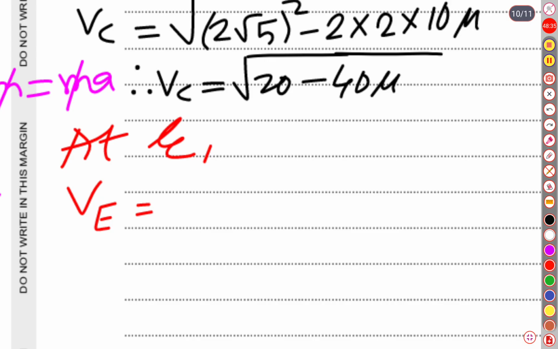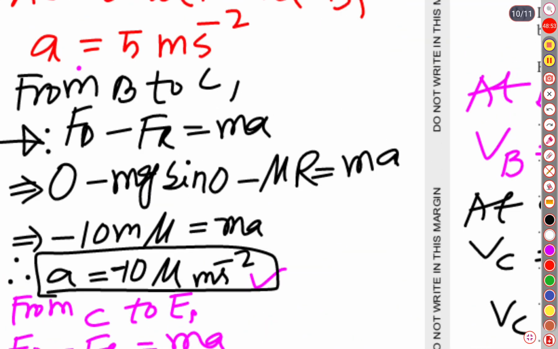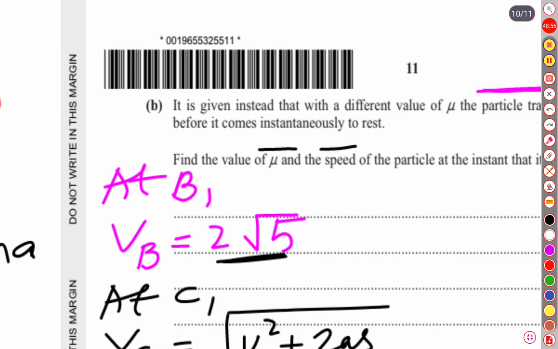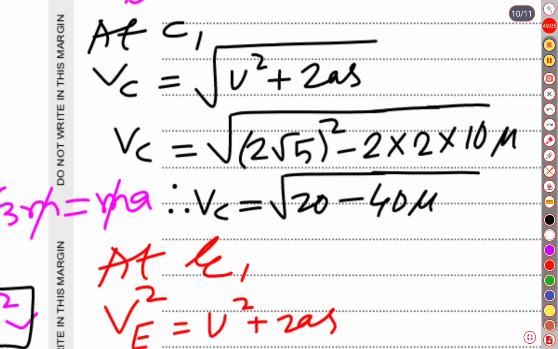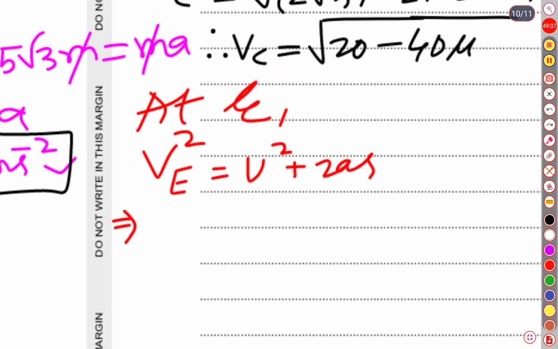So v square, the same formula, equals u square plus 2as. Okay, final velocity, look in the question, what did they tell? After climbing or reaching 1 meter, it comes to instantaneous rest. So at rest, the final velocity was 0. We'll just substitute 0 here.